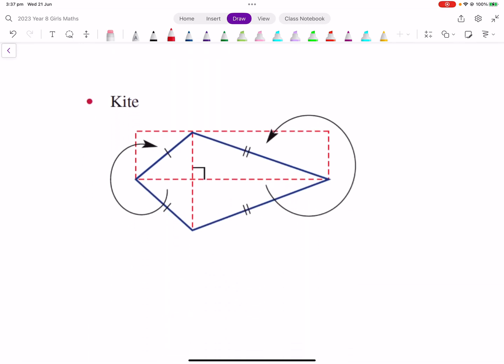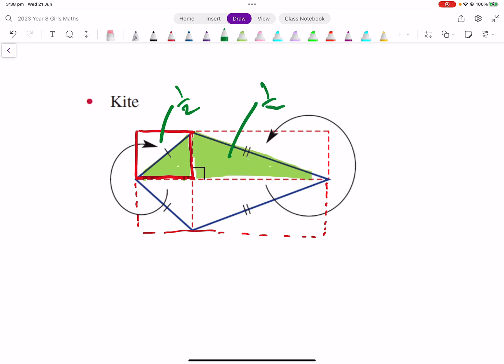What you're going to find is that a kite is actually really similar. The formula is really similar. Have a look at that. We've got another big rectangle and some smaller rectangles here. Let's look again at the top left-hand rectangle. How much of that rectangle is in the kite and how much is outside the kite? I think you'll be able to see that it's a half. And here again, how much is inside the kite and how much is outside?